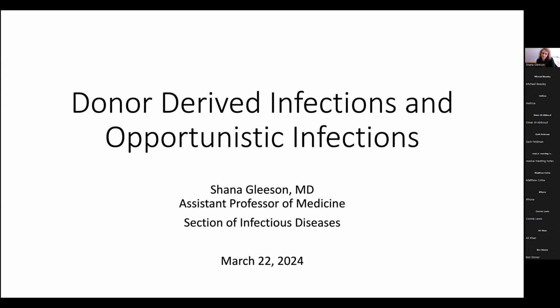She's one of our go-to folks for helping us out with all sorts of infectious concerns regarding our transplant patients at Yale, and was a colleague of mine in a faculty development program, where this lecture series was born as part of my project in that program. So I'm very happy that she is willing to take the time today to talk to us about donor-derived infections and opportunistic infections in regard to the care of our heart transplant patients. So Dr. Gleeson, thank you so much.